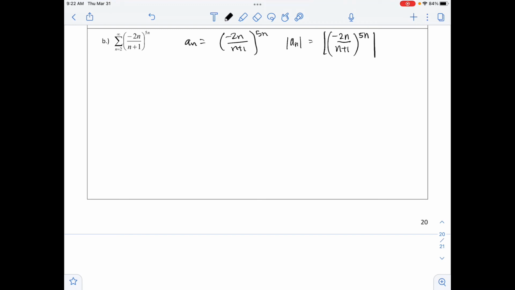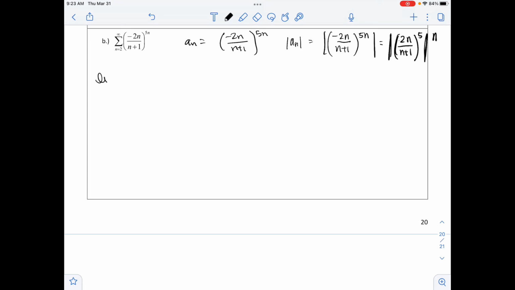And I can think of this as the absolute value of positive 2n over n plus 1, since we're dealing with absolute values, to the 5th power, and then moving that nth power outside of the absolute values.